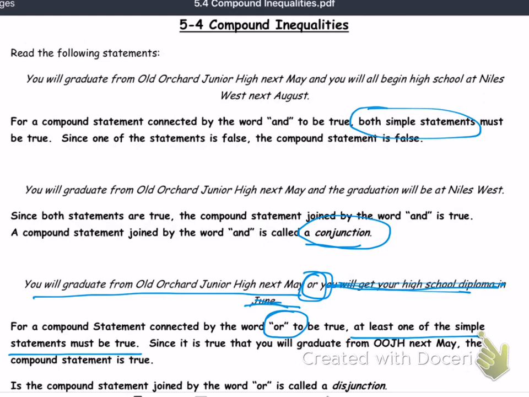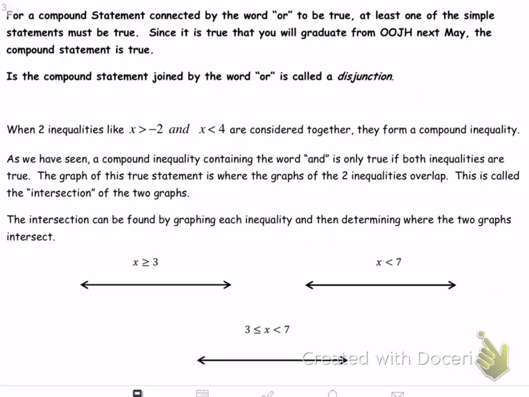Let's turn to the next page. Instead of turning to the next page, if you scroll down a little bit, we keep on reading. When two inequalities like x is greater than -2 and x is less than 4 are considered together, they form a compound inequality. As we've seen earlier, the word AND means both of them have to be true, but an OR can mean either is true.